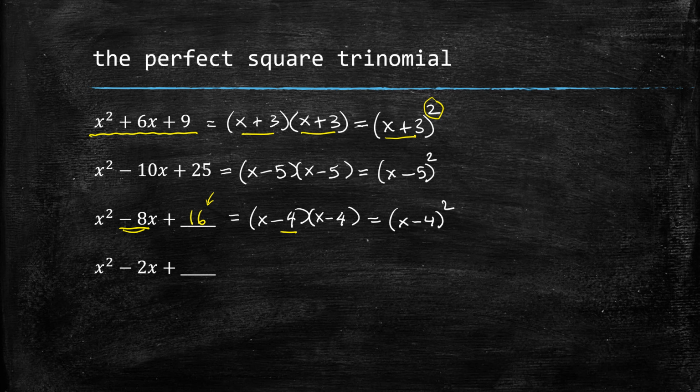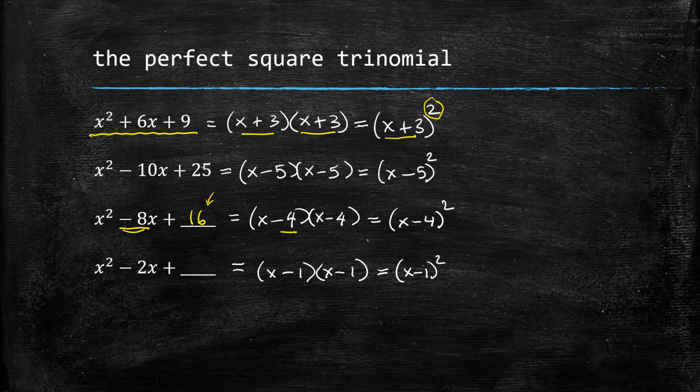Let's try this. So how could we find what magic number? I like to call this the magic number. So the number that goes here we'll refer to as the magic number, which was 16 in the case before. Let's see again. We need two numbers that add to negative 2x that are identical. So it must be x minus 1 squared.